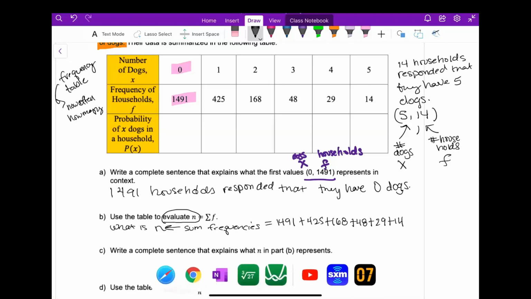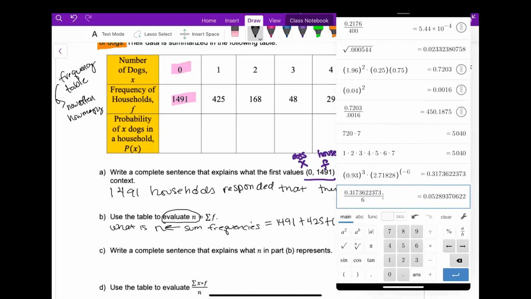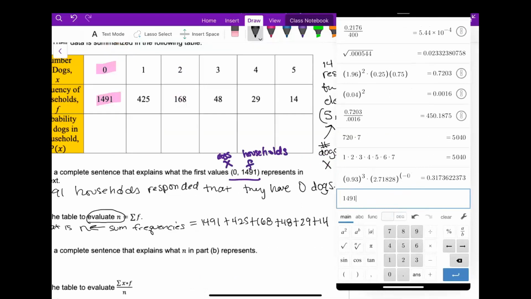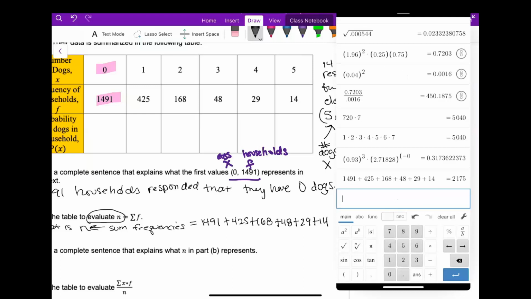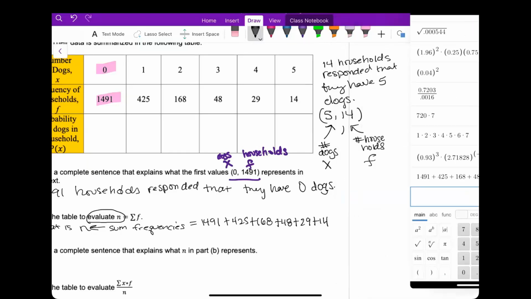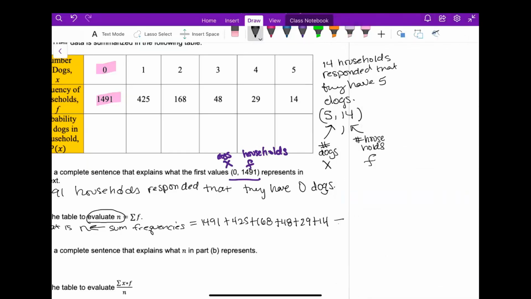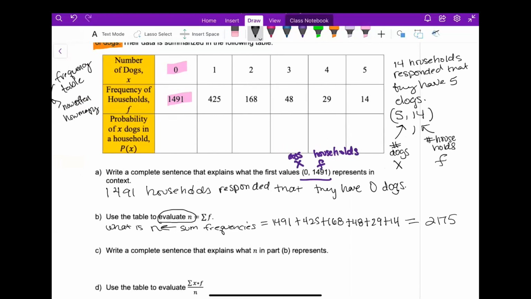Break out our calculator. 2,175. N is 2,175.